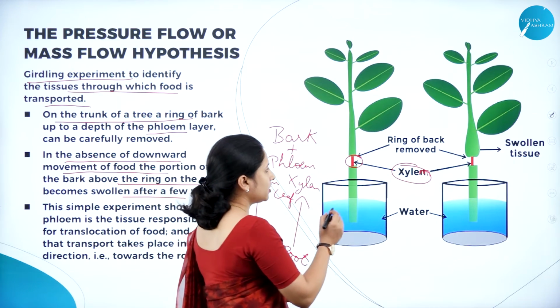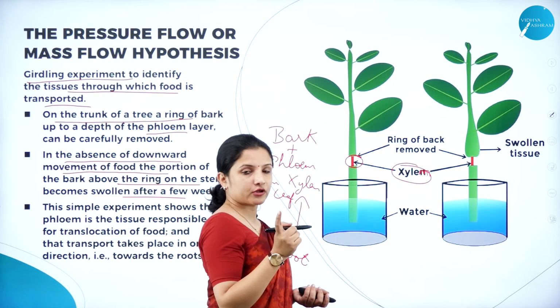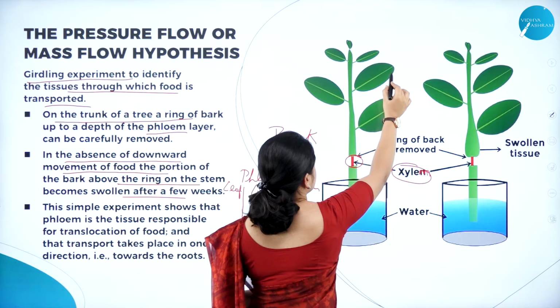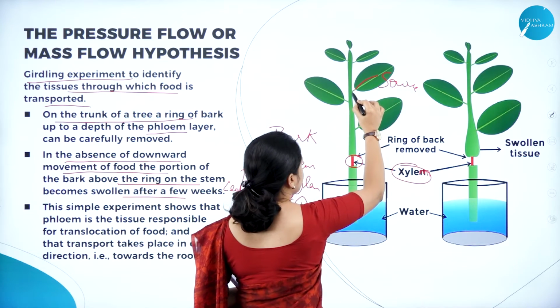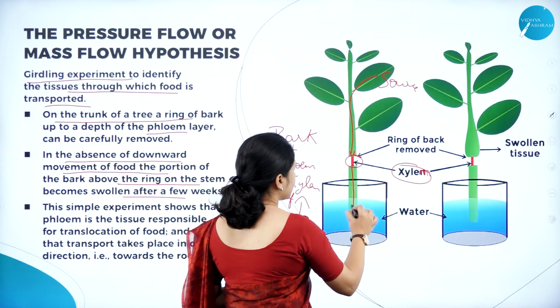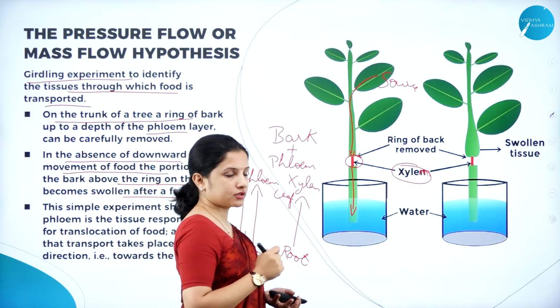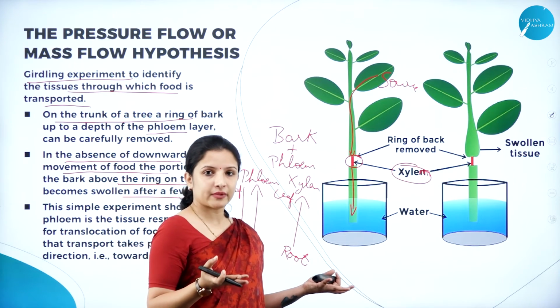Okay. So here food has to travel, according to Munch's hypothesis, from the source. What is the source here? It is the leaf. It has to travel from source to the sink, that is the root. It has to travel downwards. But here, can it travel downwards? No. Why? Phloem has been removed.